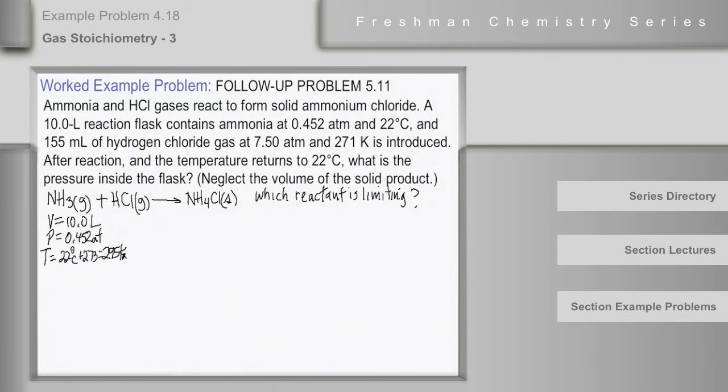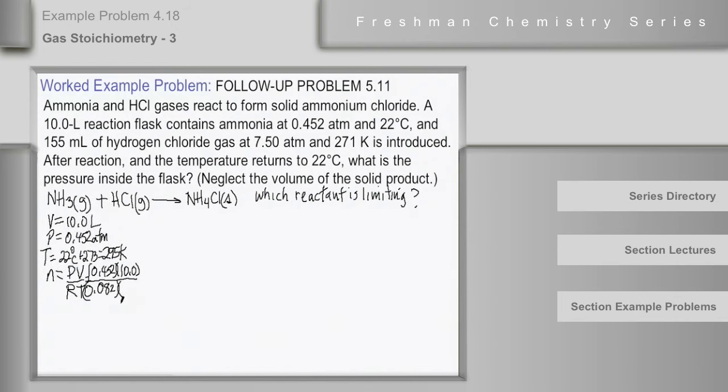From this, we can use n equals PV over RT, and we have the pressure in atmospheres. So this is 0.452 atmospheres times the volume in liters, 10 liters, divided by the universal gas constant.